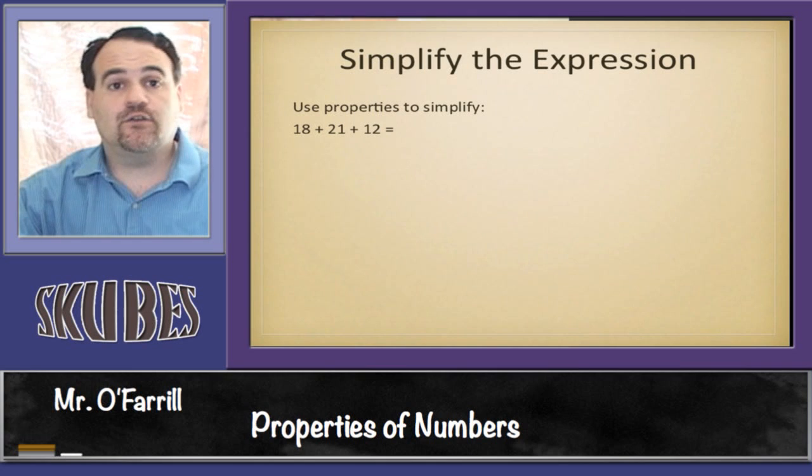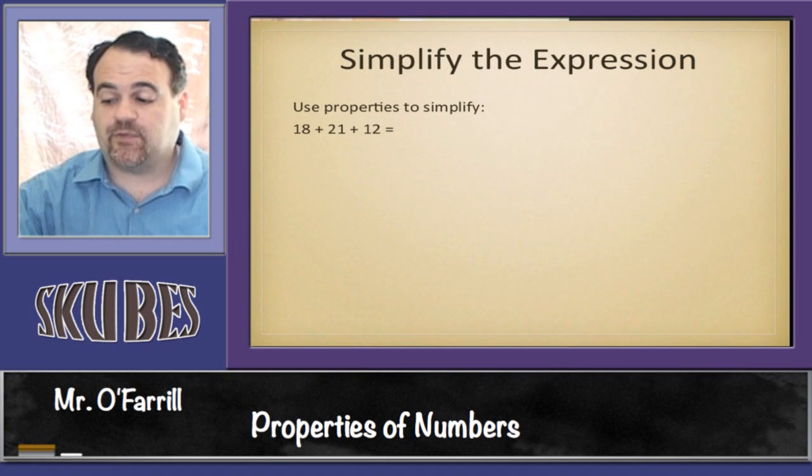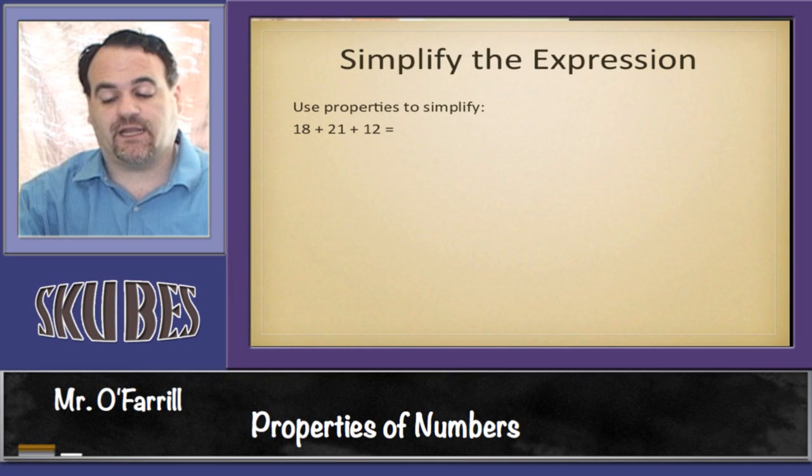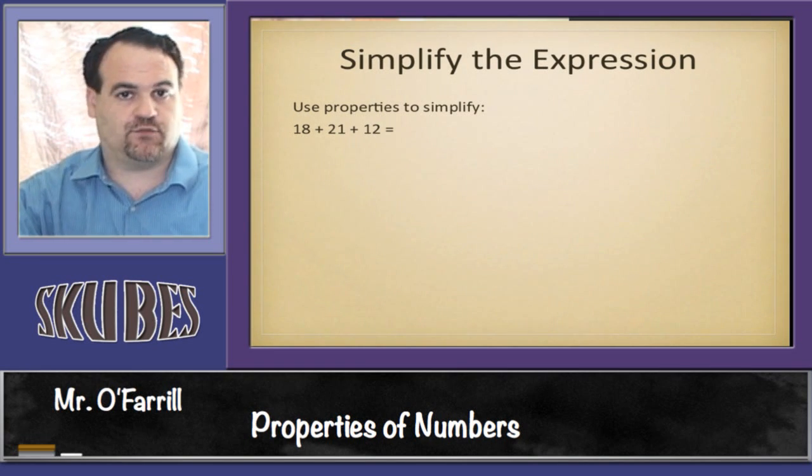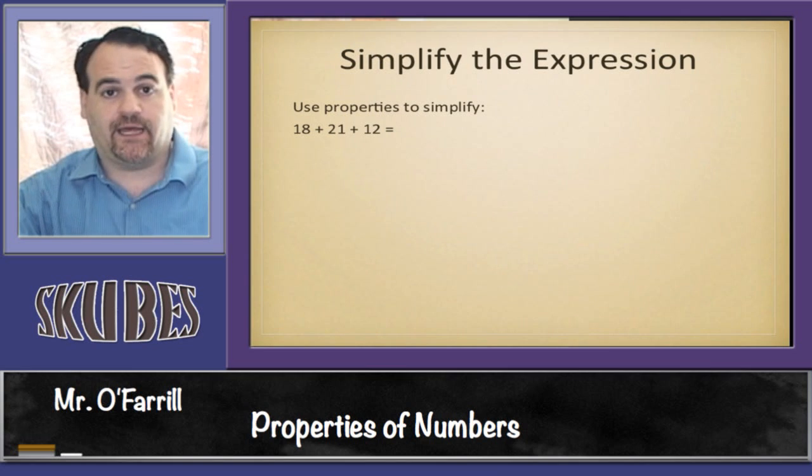So now let's use our properties to simplify this expression. We're going to use the properties to simplify 18 plus 21 plus 12. Now, what this is really meant for is what you're going to do inside your head. So this is a bit of mental math here.